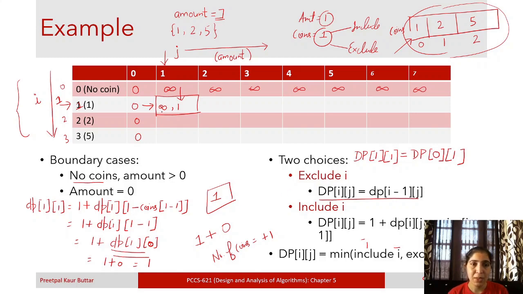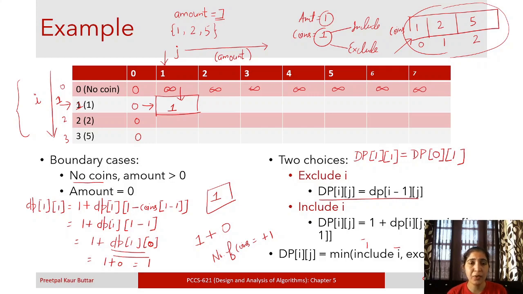Minimum is 1, so we take 1. Now you can see there is a DAG here, a directed acyclic graph, which is being created. The solution to this subproblem depends on this subproblem and this subproblem. Now we have solved this subproblem, so we can move to the next subproblem.